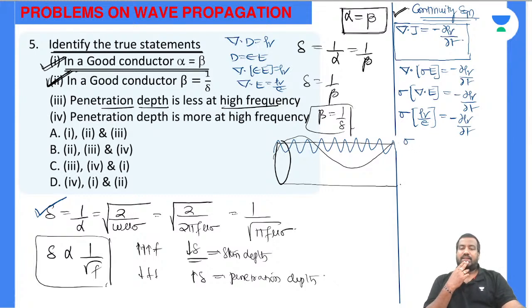Separating the variables, sigma by epsilon of dou t, minus sigma by epsilon of dou t is 1 by rho v of dou rho v.